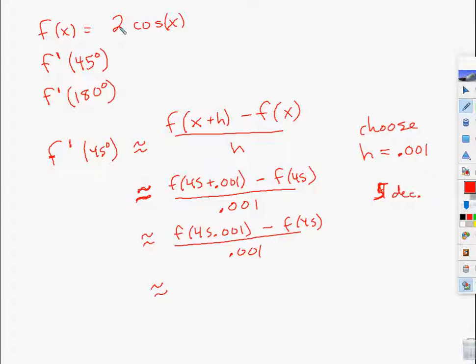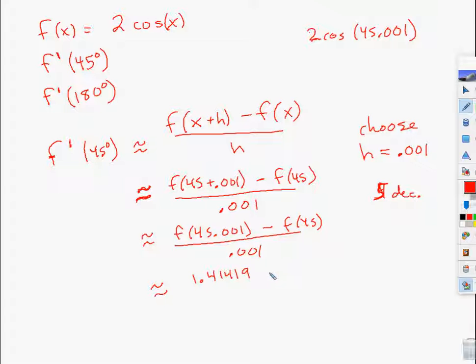And then don't forget to multiply it by 2. So you want 2 cosine of 45.001. What do we get? 1.41419. And that's after you multiply by 2?